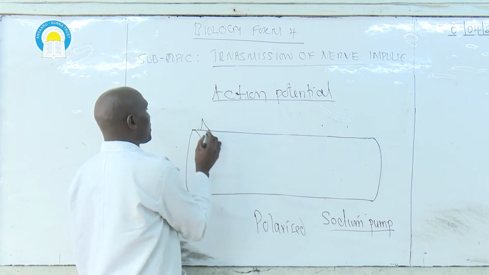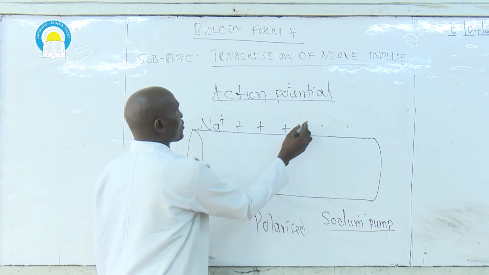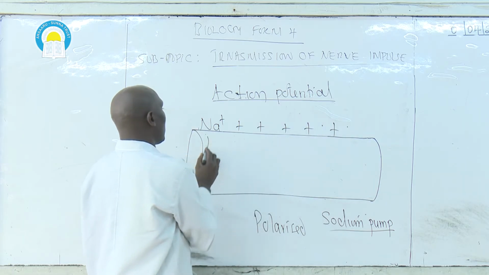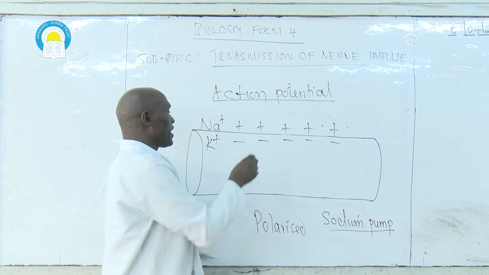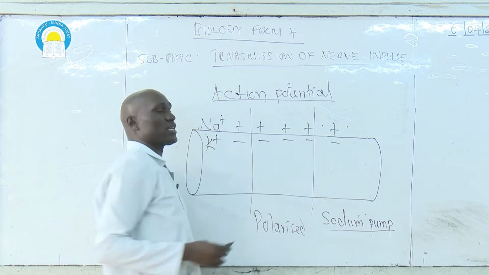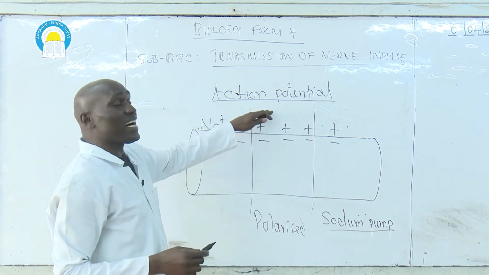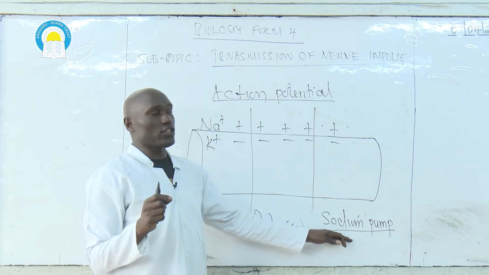The outer part, as mentioned, is positively charged due to high concentration of sodium ions. The inner part, potassium ions, negatively charged. Let me take that this is the section where there is action potential. So at action potential, sodium pump ceases to function.